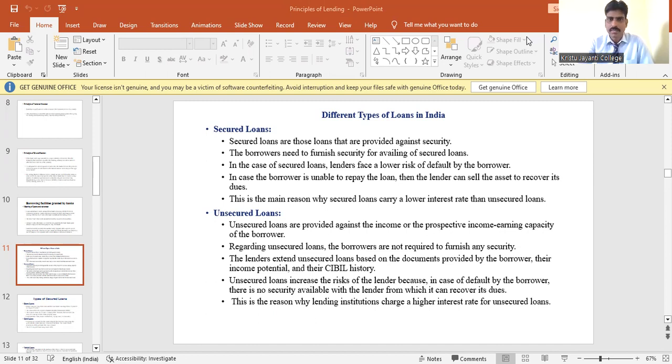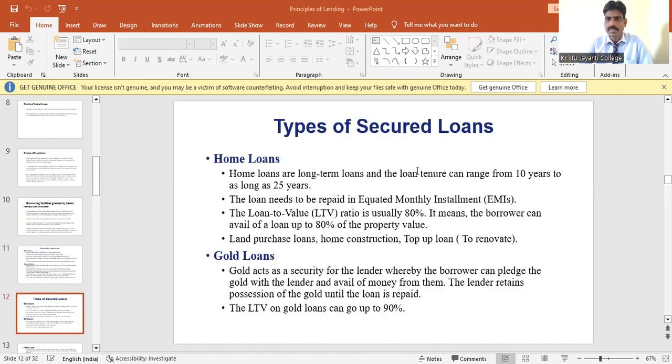Okay, let's explain one by one the items that come under secured loans and unsecured loans. First, the secured loans: housing loans. We can take a housing loan to construct a house. The tenure may be 10 years to a maximum of 30 years, based on the age and creditworthiness of the person.